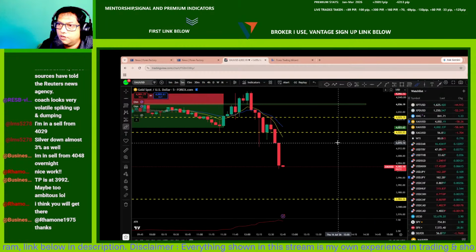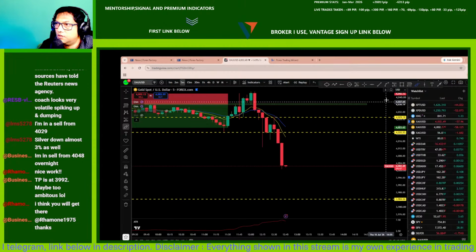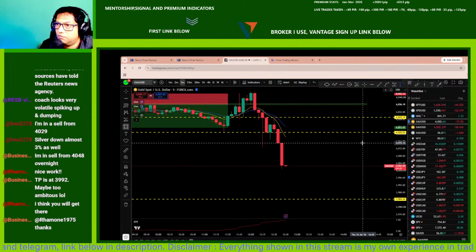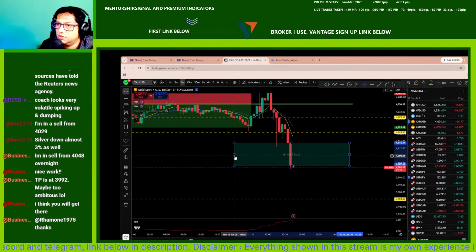So the current 5 minutes, this is the recent level of liquidity zone here that you can see at this level.